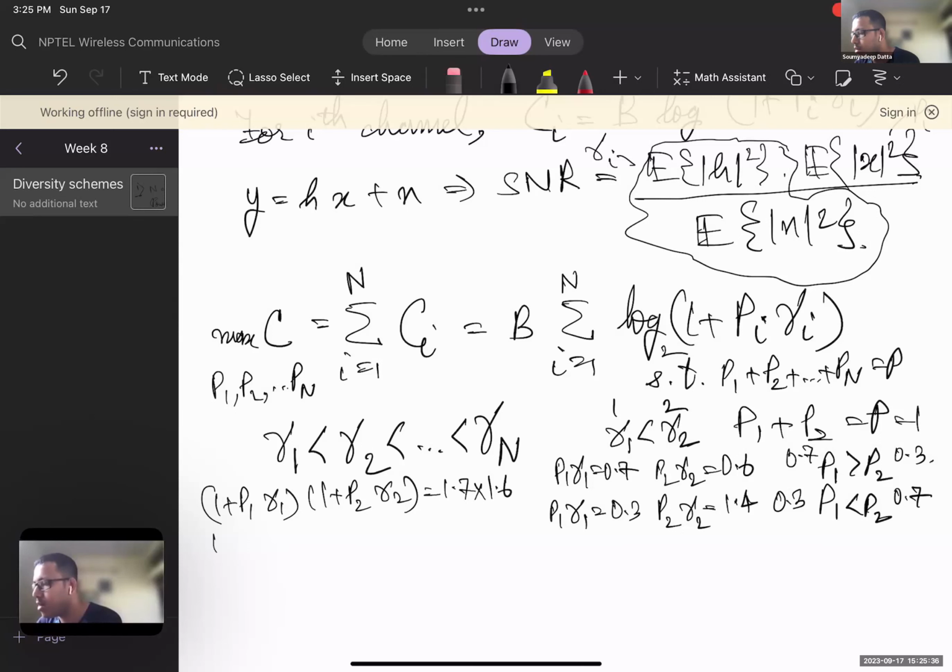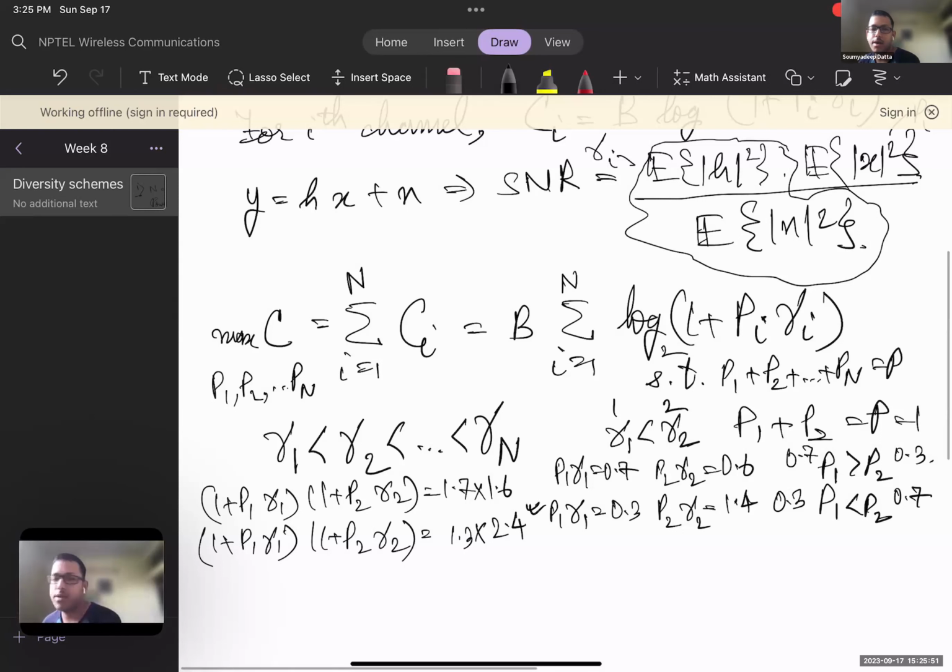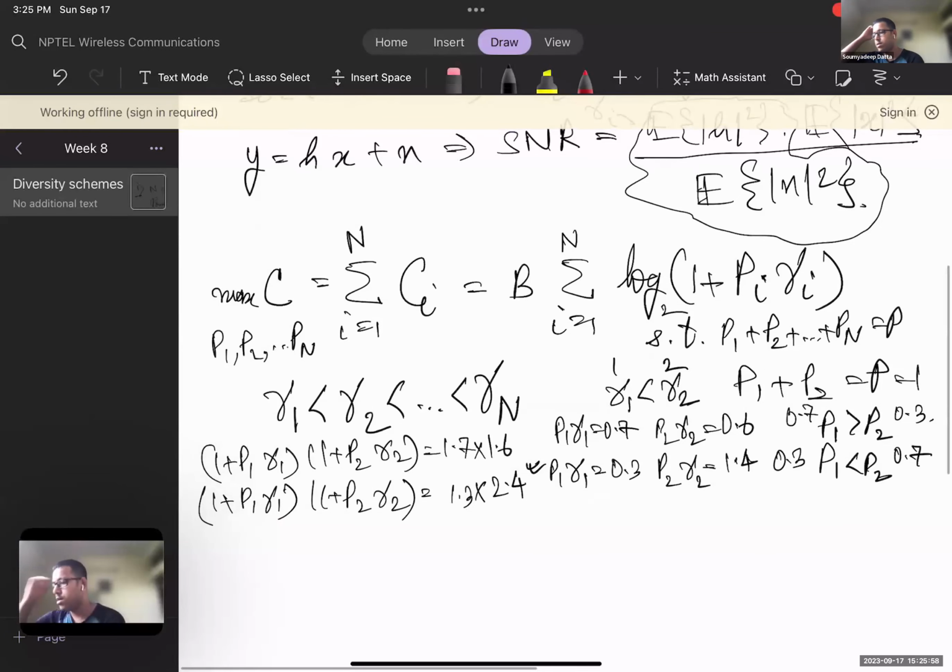And here it will be 1.3 times 2.4. And you can very clearly see that this second quantity will be higher. And that is very natural. If you provide more power to the stronger channel, that will boost the capacity a lot more than if you provide more power to a weaker channel.